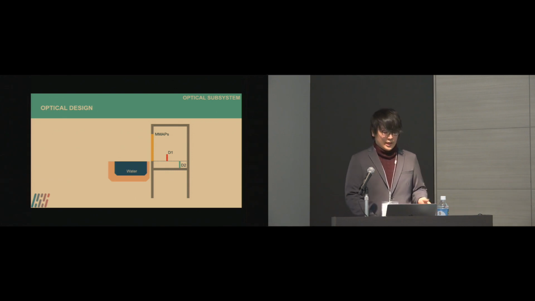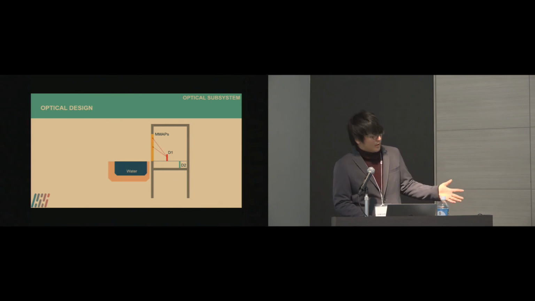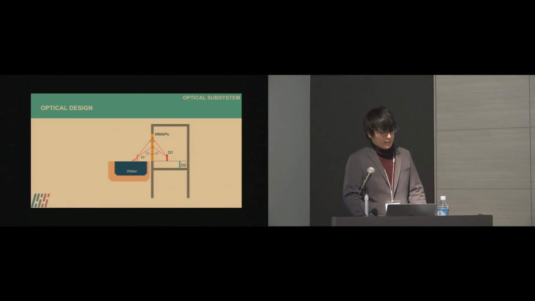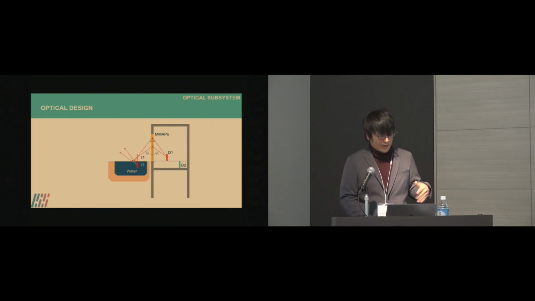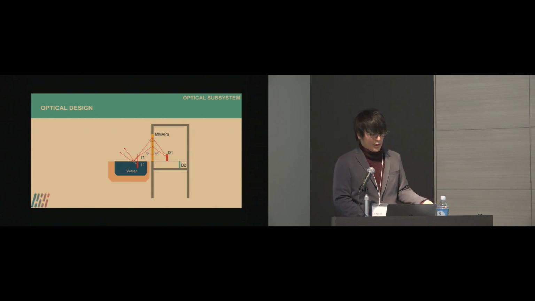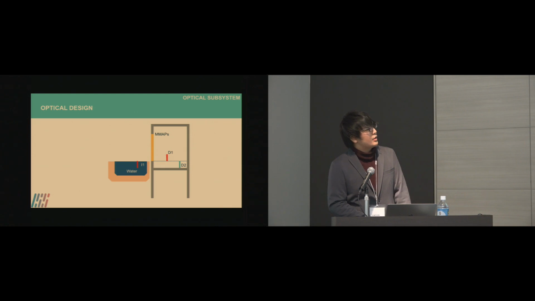First, to form the image underwater, MMAPS reflects light from a light source at D1 located above the water level and forms a mid-air image at I1 dash. And the virtual image I1 of the I1 dash reflected on the water surface is the underwater image that the user can see.